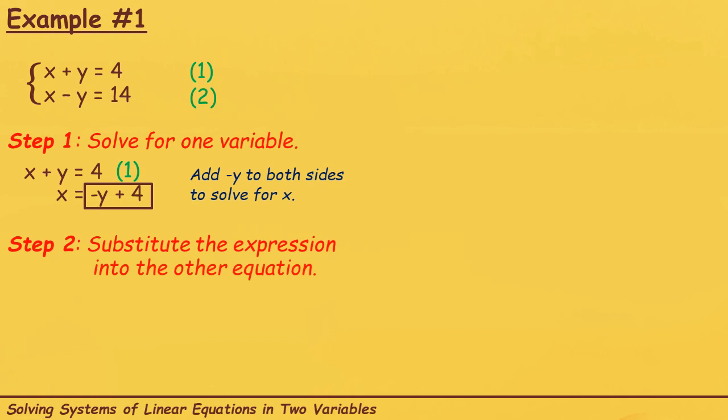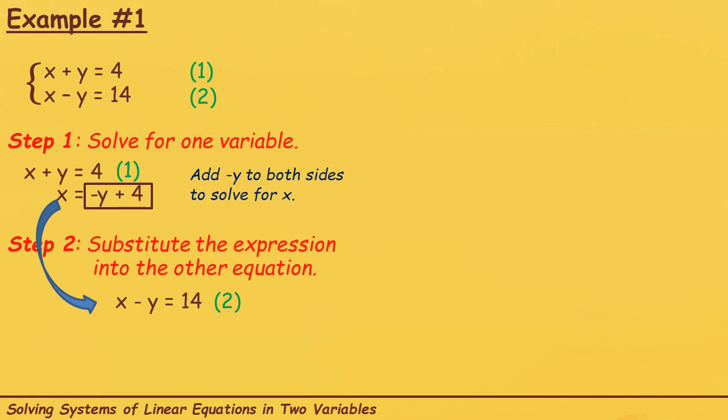Okay, for step number 2. Substitute the expression into the other equation. Yung nakuha nating sagot kanina sa letter x, that is negative y plus 4, gagamitin natin yan. Ilalagay natin or isa-substitute natin yung value ng x to the second equation naman. Yung second equation natin is x minus y is equal to 14. Papalitan lang natin yung x ng negative y plus 4 dahil yun ang nakuha natin sa step 1.